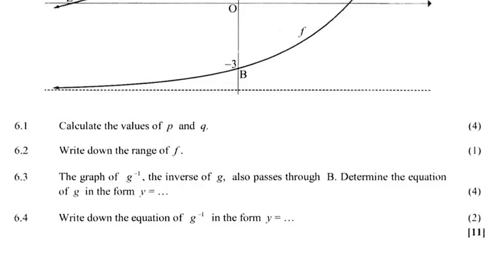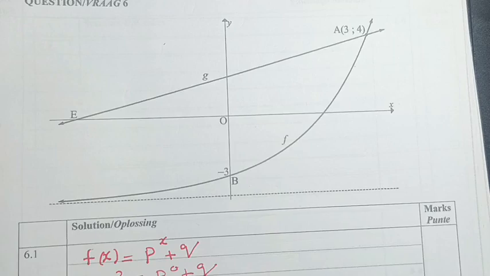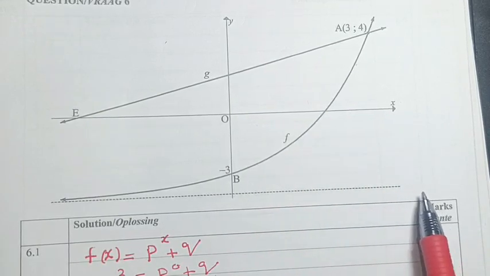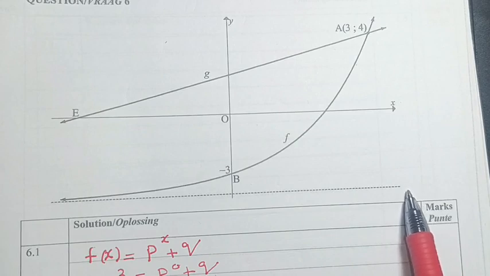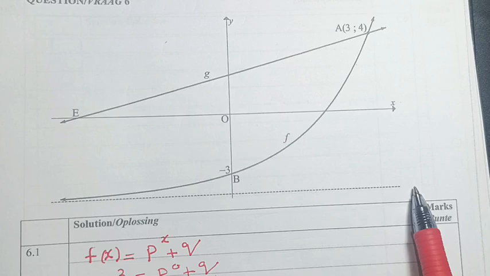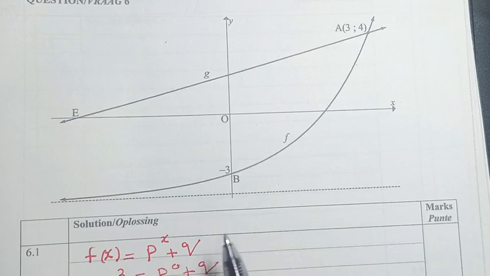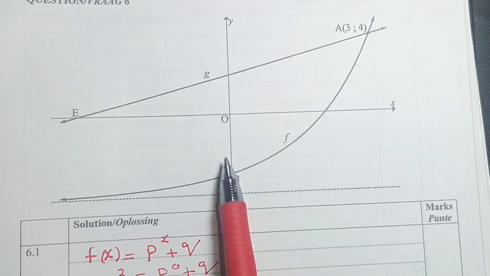6.2 says write down the range of f. So this is f. We must remember this is the q, -4. This is the asymptote. The graph reaches toward the asymptote but never touches it. So the range is above the asymptote.